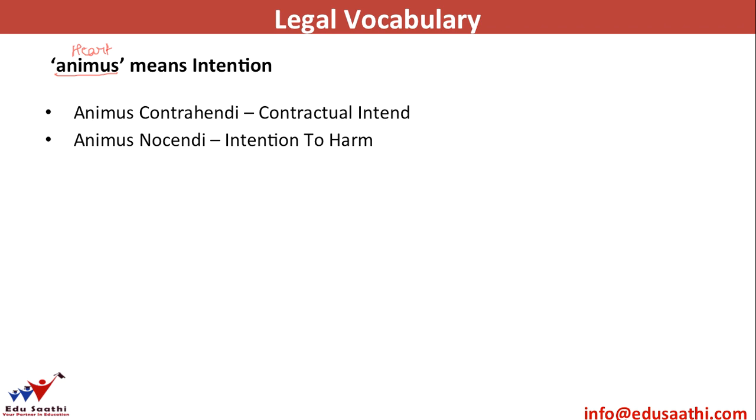And when I had completed my servitude, I was released from jail and I came out, and then I made a plan and I entered your house, might be in a disguise or something. And when I'm caught, then while writing the papers, they would write that this person entered the house of this person animus nocendi, which means he wanted to harm the other person.